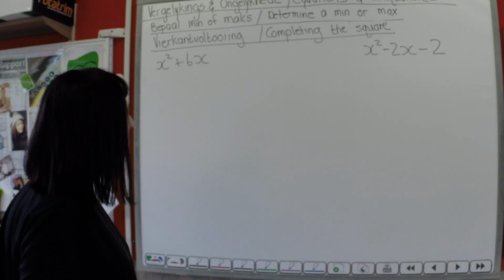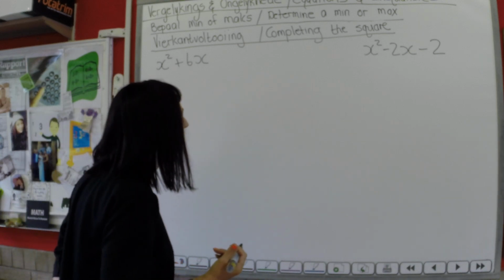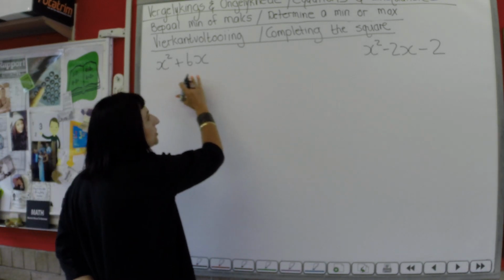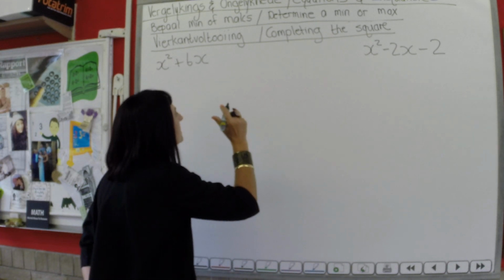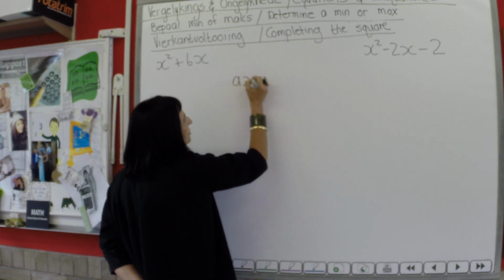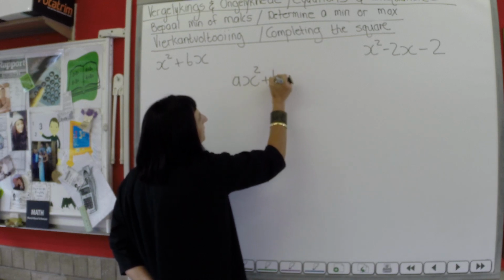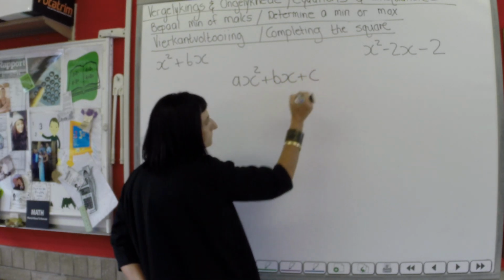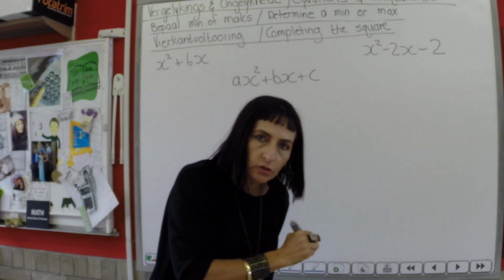Vierkante voltooi. So what we're actually going to do here is we've got those two expressions in this standard form at this stage. Ons het al twee hierdie voorbeelde in hierdie vorm. So wat is vierkantsvoltooiing?